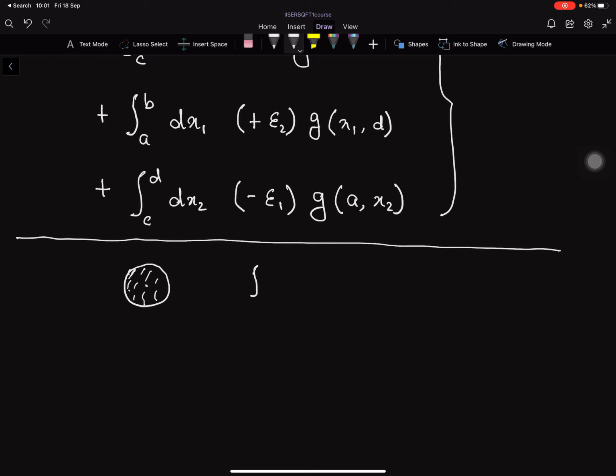Then the integration is something like r dr d theta, and then you have again epsilon mu del mu of some g of r and theta. Again in this case you see that the boundary, say r equal to r0, is the boundary.